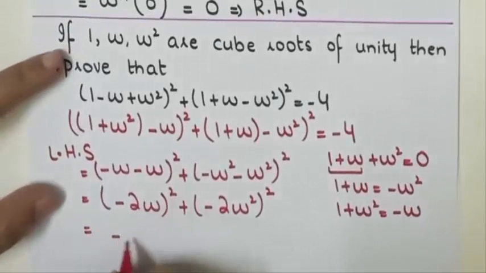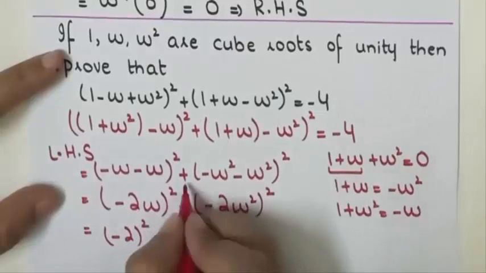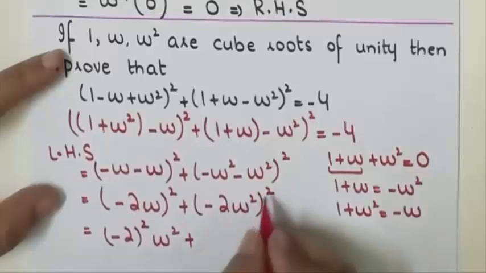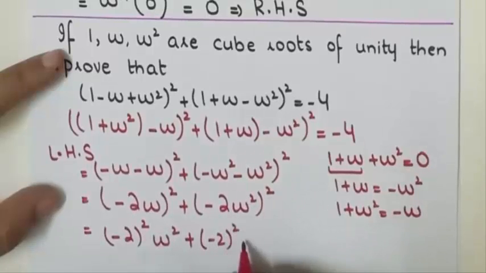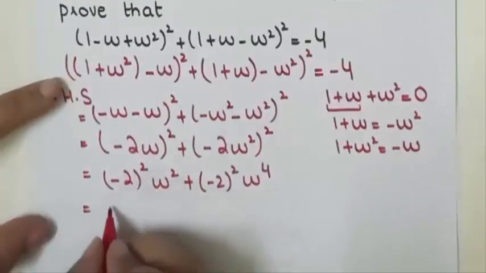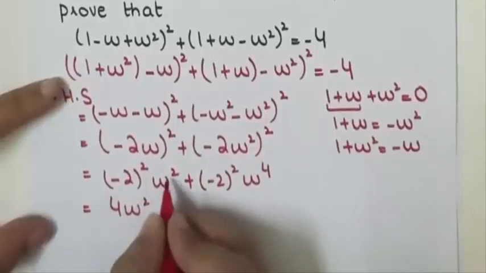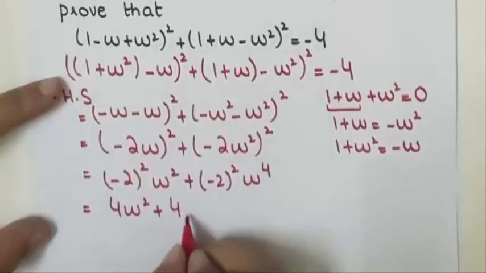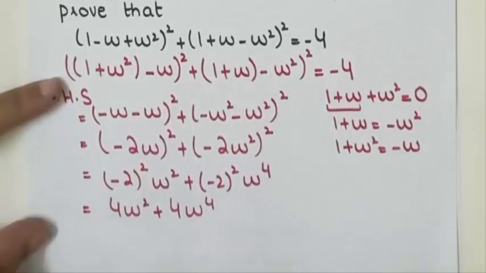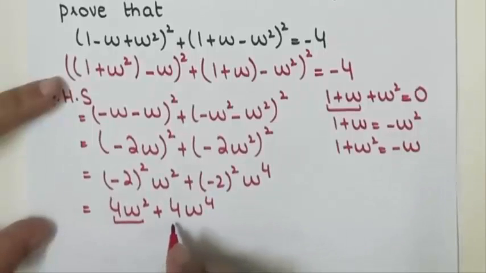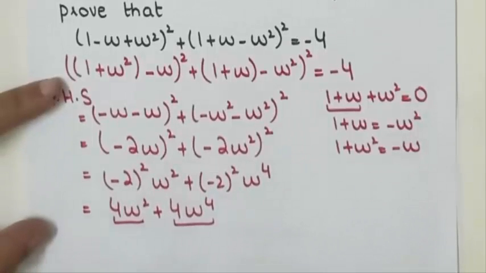So here we have minus 2 square and omega square plus minus 2 square omega square, which means omega 4. So minus 2 square is 4 and omega square, plus minus 2 square is 4 and omega 4. So this term has 4 omega square, this term also has 4 omega square.